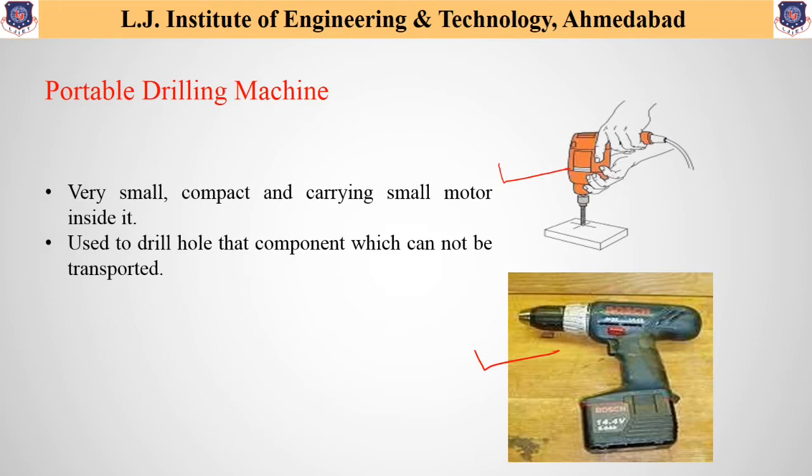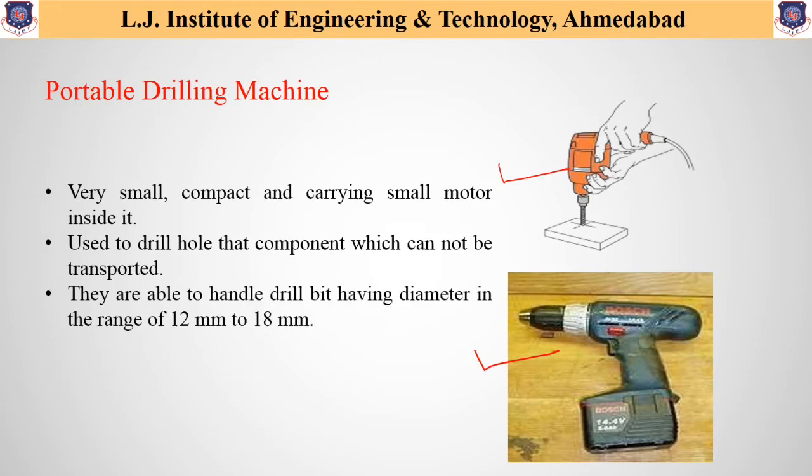In most cases, these portable drilling machines are made to drill holes in the range of 12 mm to 18 mm. One advantage of this portable drilling machine is that the holes can be generated at our desired location because it is portable.